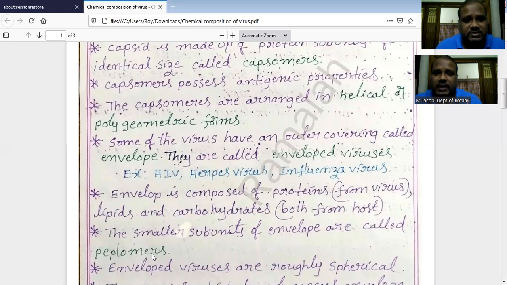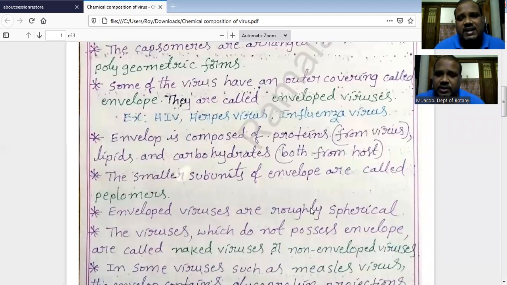The subunits of the capsid are called capsomers. The capsid is made up of proteins, and the envelope is made up of proteins, lipids, and carbohydrates.